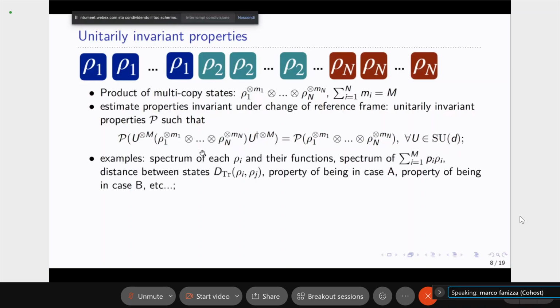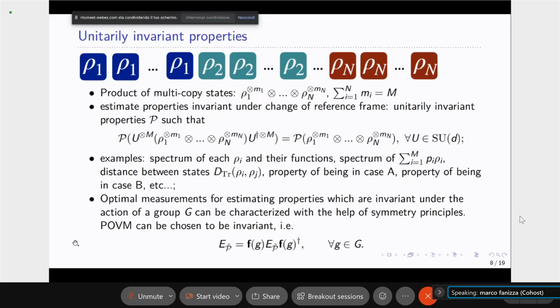Examples are the spectrum of each rho i and their functions, so the purity, the von Neumann entropy, the spectrum of convex combinations, the distance between the states, but also the property of being in case A for a collection of states, and the property of being in case B, and many other interesting things. The nice thing is that optimal measurements for estimating properties which are invariant under the action of a group can be characterized with the help of symmetry principles.